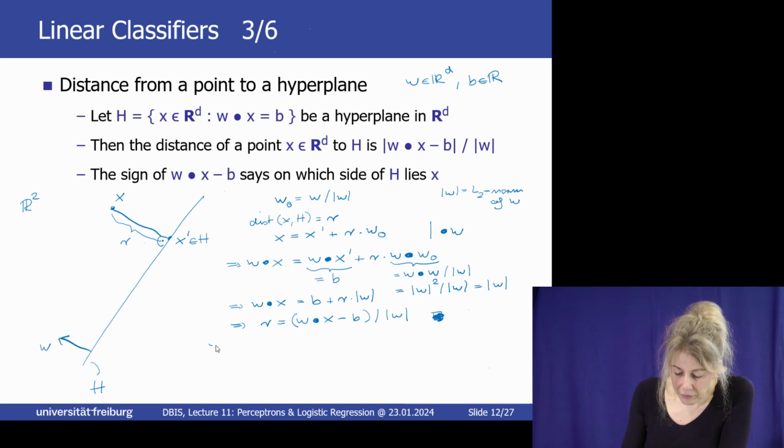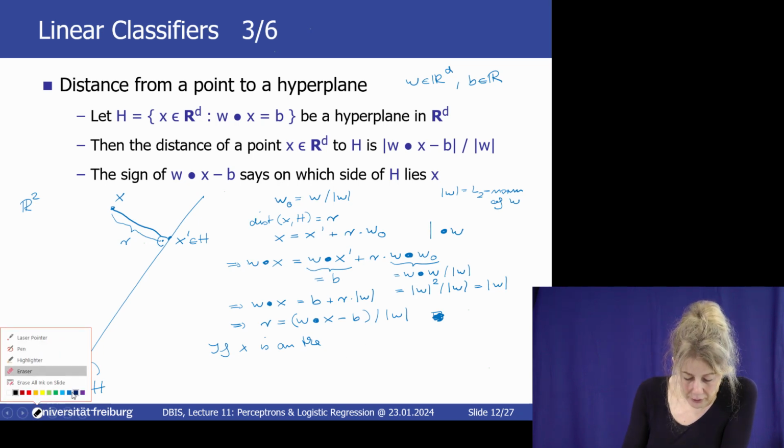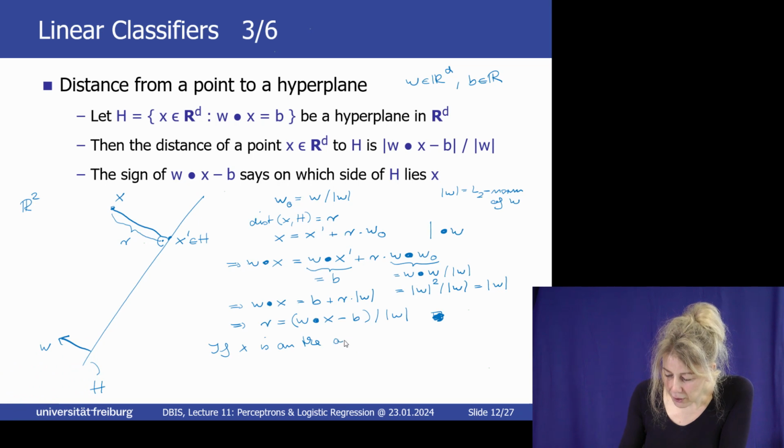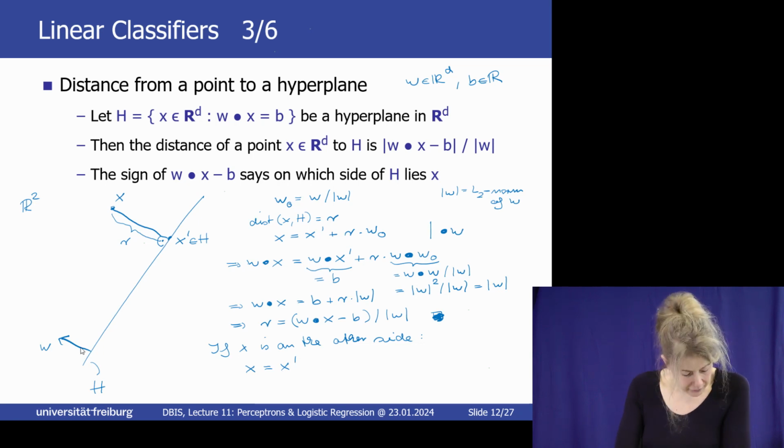And if x is on the other side, I'm sorry, writing down here is a little bit harder, if x is on the other side, then I have x prime. Now I have to go in the opposite direction of the normal vector.